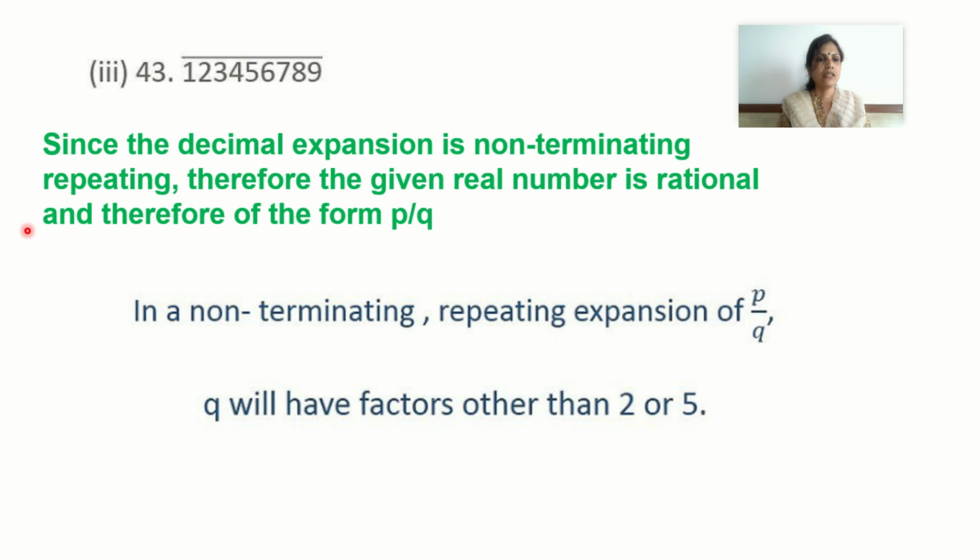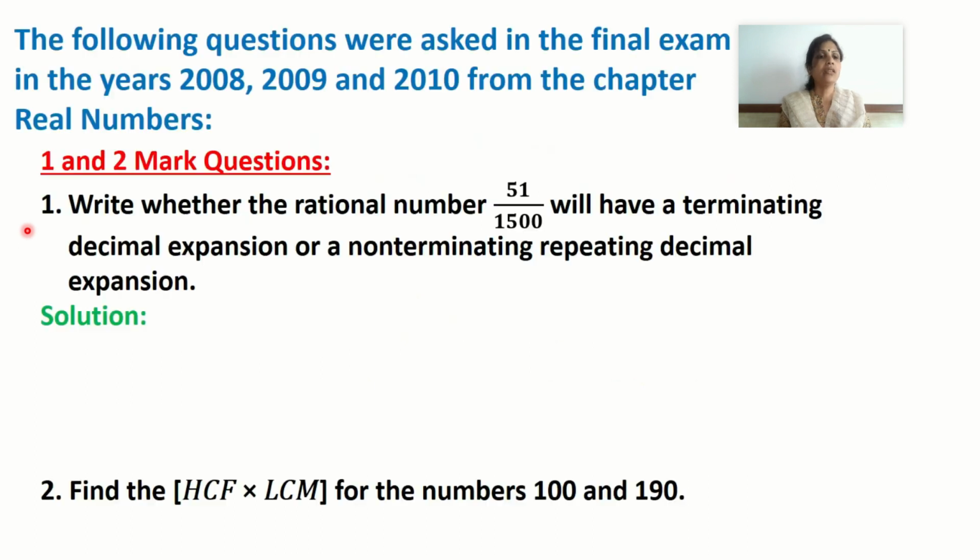Okay. Next. So children, these are the questions which have been asked in the final exams in the years 2008, 2009, 2010. And it will give you an idea about what kind of questions they ask in the CBSE board examination.